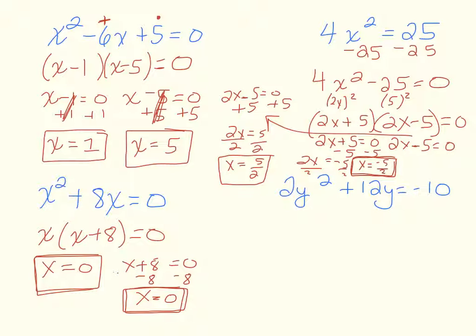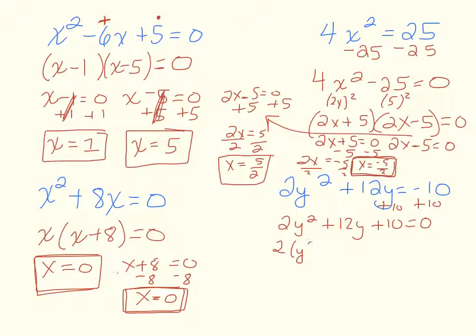What am I going to do first? I have to get 0 on one side, so I'm going to do that by adding 10 to both sides. So really what I have is 2y squared plus 12y plus 10 equals 0. Now I notice that 2, 12, and 10 all have the same factor of 2. So I'm going to take a 2 out.